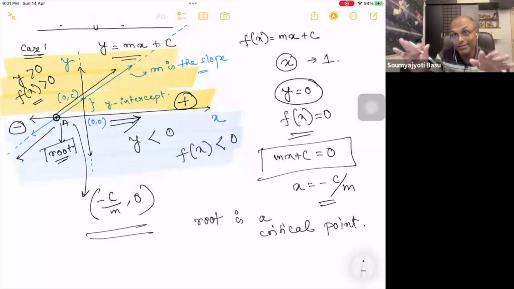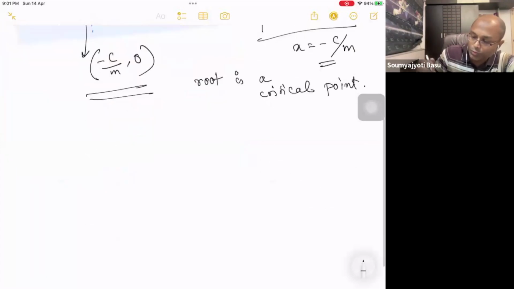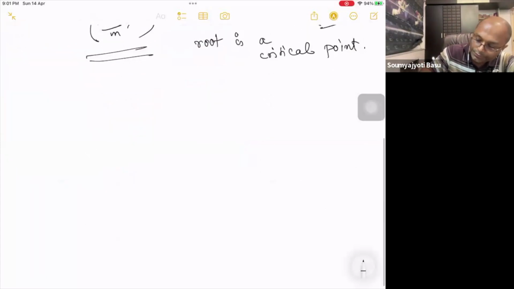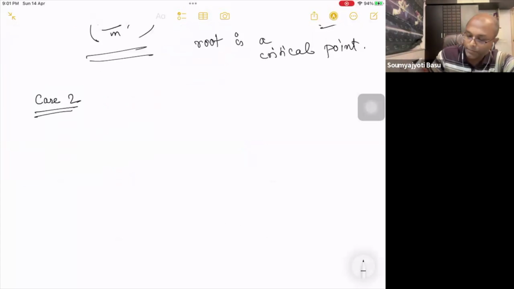And visually this is clear. Now, this was only the first step. I have shown only a linear equation. Why don't we discuss the quadratic equation as well? Let's get to case 2. Let's say I have a quadratic equation.